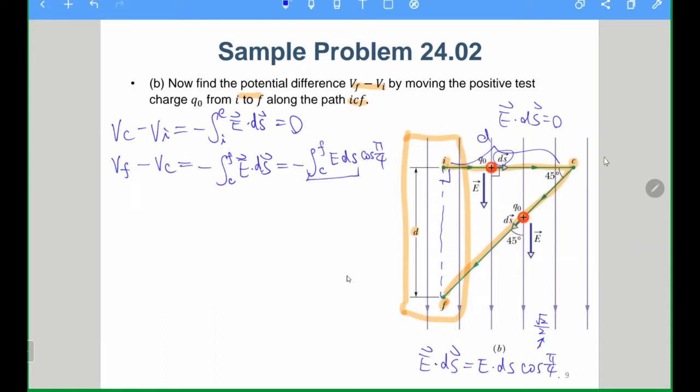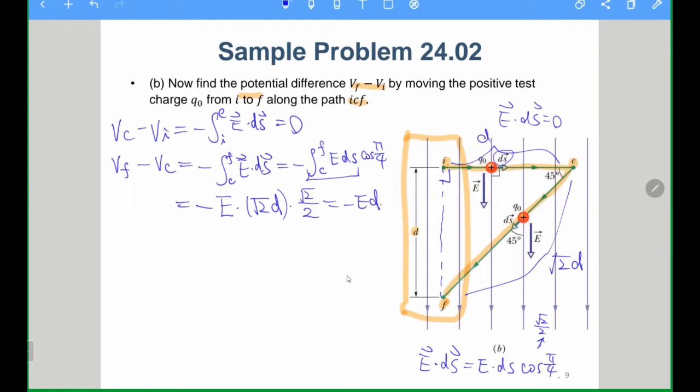This is a right angle triangle, this is d, this is d, so this length will be square root of 2 times d. So this is negative E times square root of 2 times d, times square root of 2 over 2. So this is nothing but negative ED.